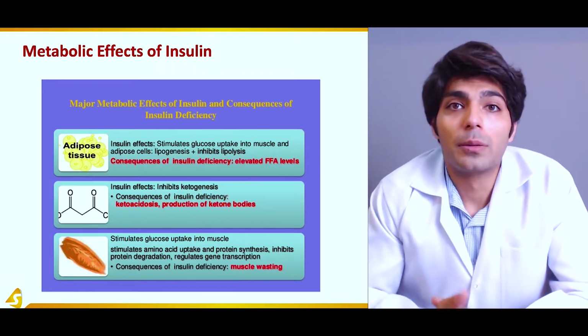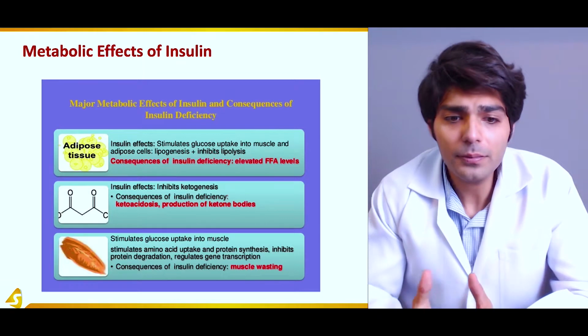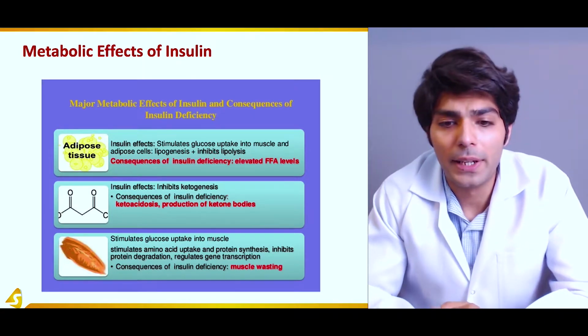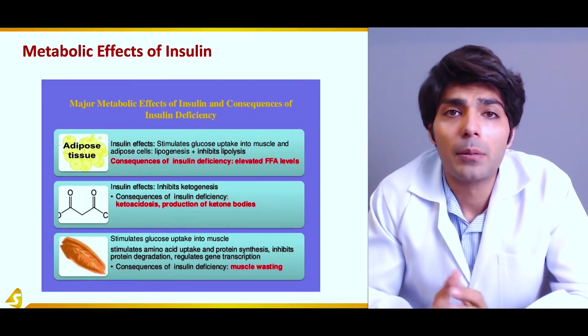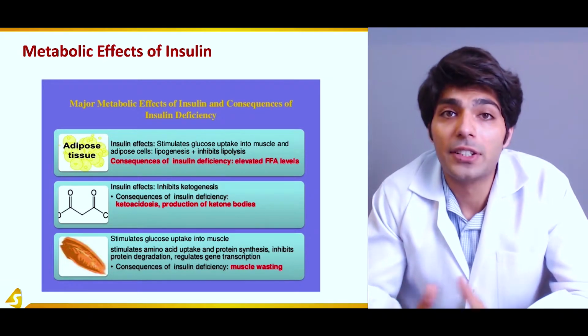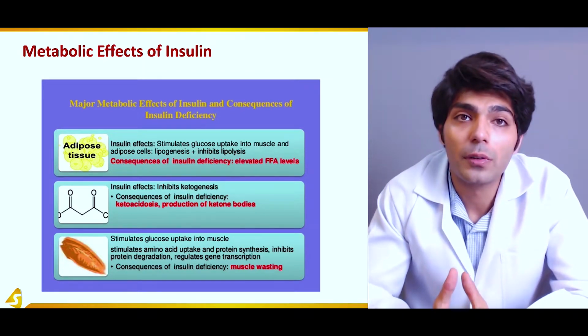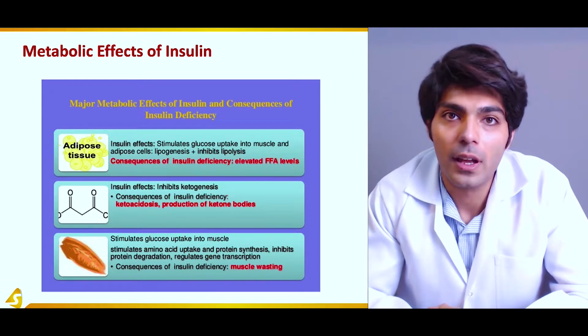It stimulates the glucose uptake into the muscle, stimulates amino acid uptake and protein synthesis, inhibits protein degradation, and regulates gene transcription. The consequence of insulin deficiency is muscle wasting.